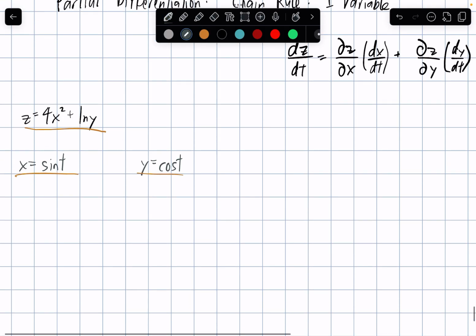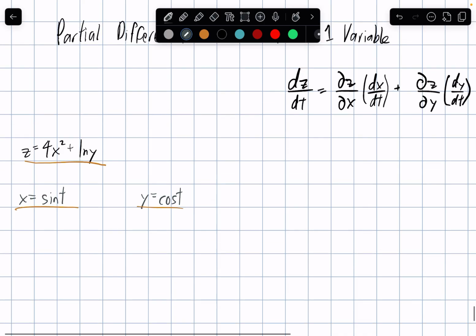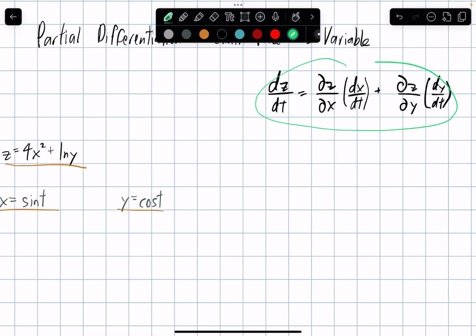So what do we do with those two details? We are supposed to find four things based on this formula.